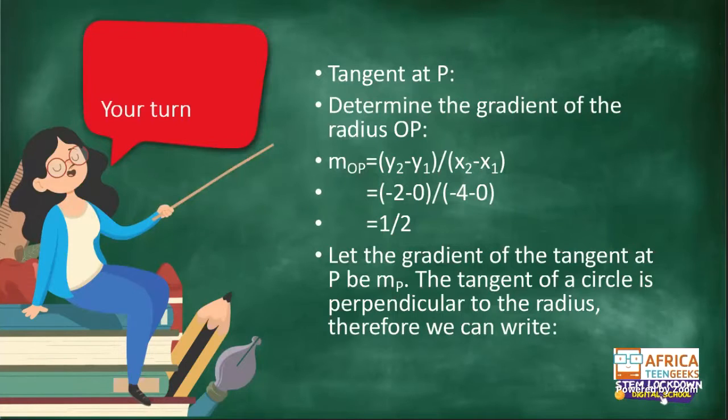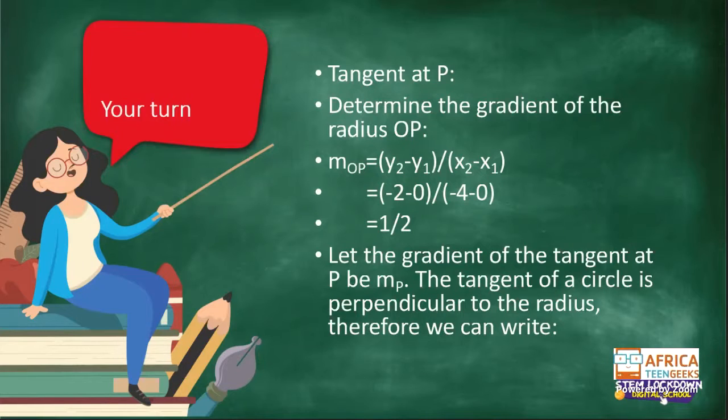So that's why you see that I wrote MOP, which is going to be y2 minus y1 divided by x2 minus x1, which is equal to -2 minus 0, all divided by -4 minus 0, and you'll get 1 over 2. Now, when you let the gradient of the tangent at P be MP, you're going to see that the tangent of a circle is perpendicular to the radius.